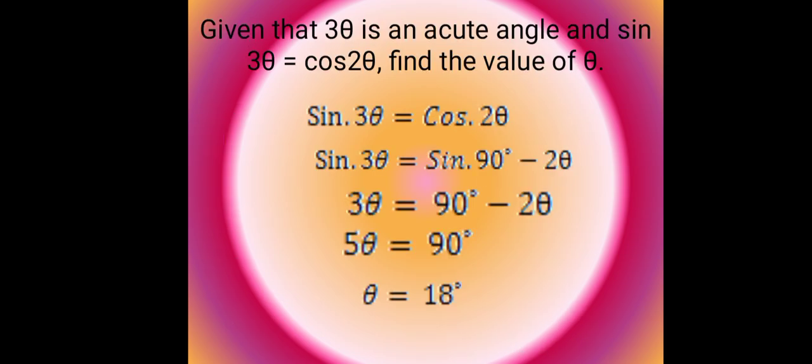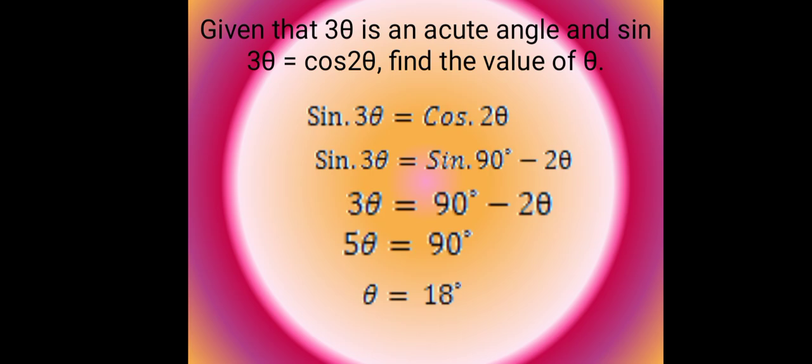Given that 3 theta is an acute angle and sine 3 theta is equal to cos 2 theta, find the value of theta. Now we know if sine 3 theta is equal to cos 2 theta, then sine 90 degrees minus 2 theta is equal to cos 2 theta.